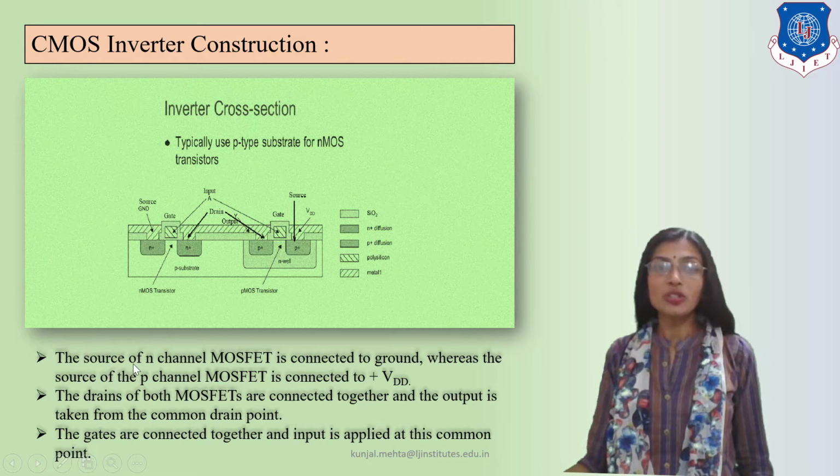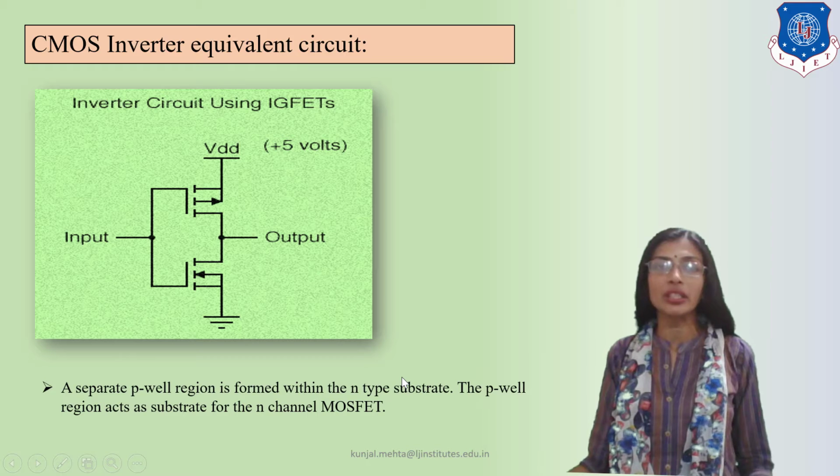The source terminal of N-channel MOSFET is connected to the ground, and the source terminal of P-channel MOSFET is connected to the supply. And what is the supply? It is denoted by plus VDD as shown in this figure. One is connected with the plus VDD, plus 5 volt, and the other source is connected to the ground.